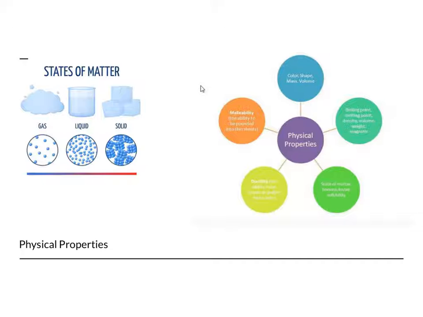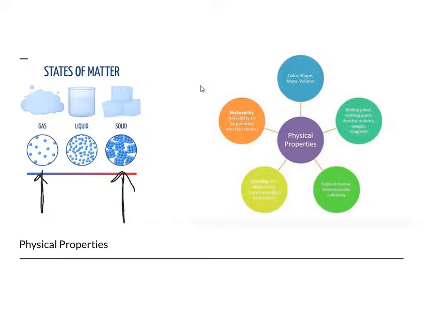On the left side of the screen, you'll find that you have states of matter. What I want you guys to pay attention to and try to get a grip on is this idea that each state of matter has its atoms or particles arranged differently. So in a gas, the atoms are really spread apart, whereas in a solid, you have your atoms really condensed.